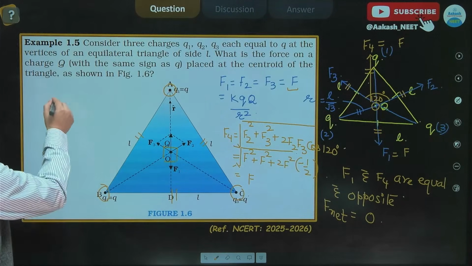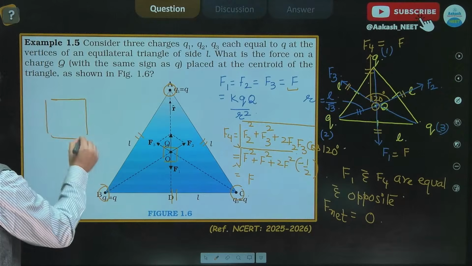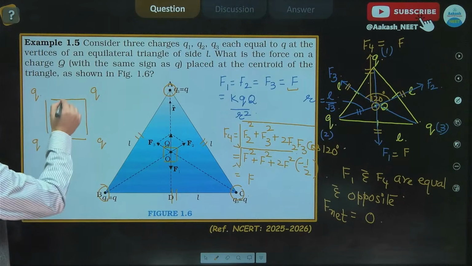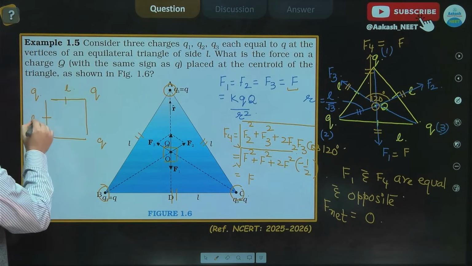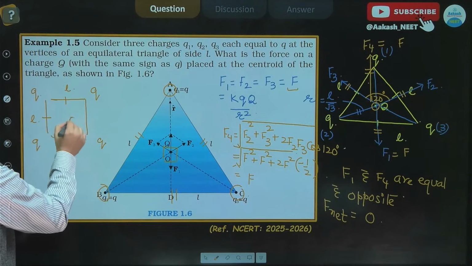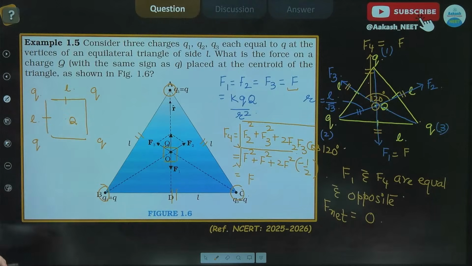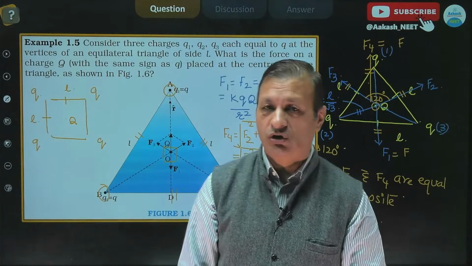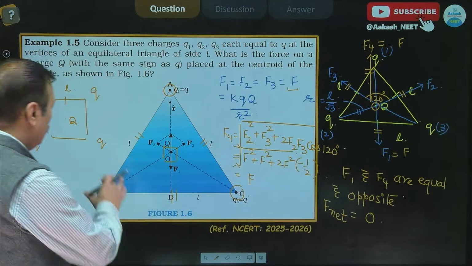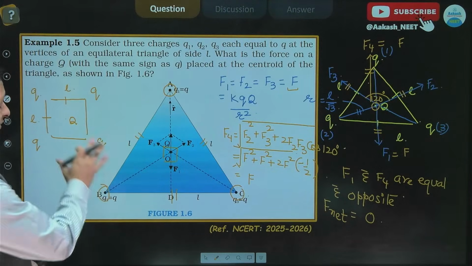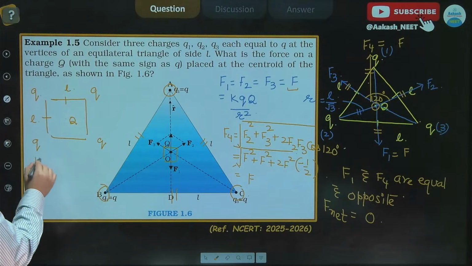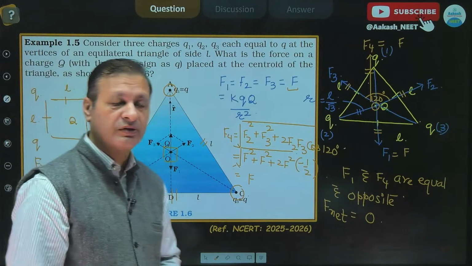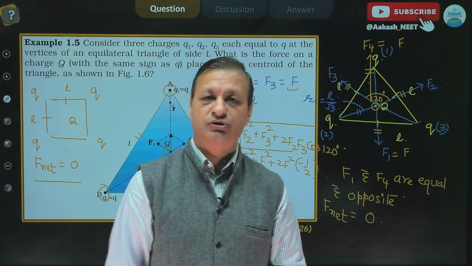If you extend this concept to a square configuration, let's suppose this is q, this is q, this is q, and this is q, a square configuration, and I ask you what is the net force experienced by capital Q placed at the center, again going by the same concept, because this is a symmetrical configuration, the net force on capital Q would again be 0. So this is the concept of symmetrical distribution. Any doubt?